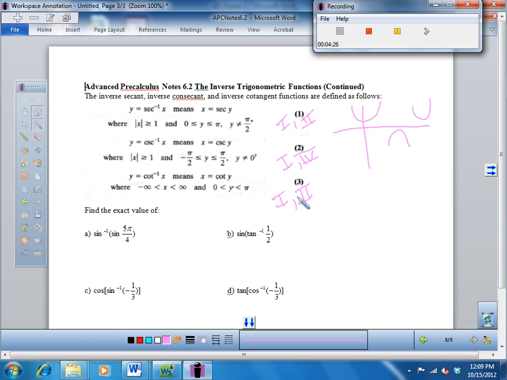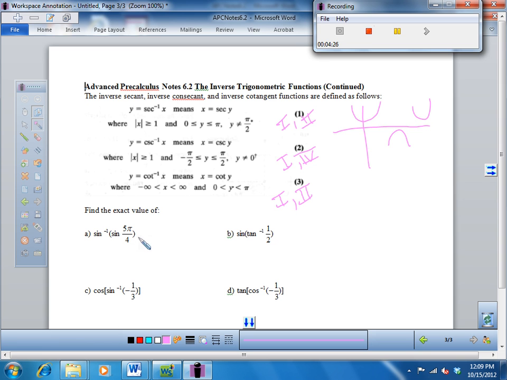So that's kind of an exception to the rule. Here it's the same as its reciprocal. Here it's the same as its reciprocal. But inverse tangent is found in quadrants 1 and 4, and inverse cotangent is only found in quadrants 1 and 2. And I'll show you the way that works in a minute.